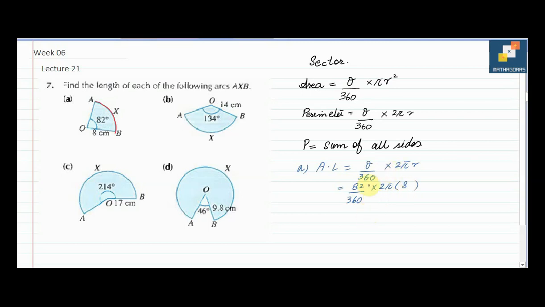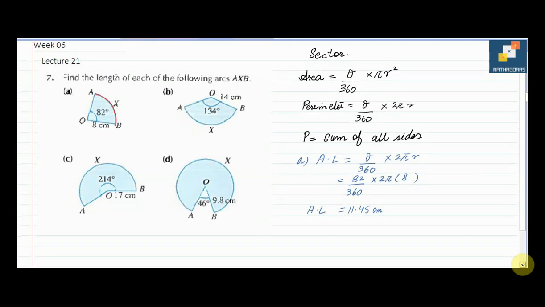We have substituted all the values in that working formula. Now you need to simplify it. So after solving, you will get the value 11.45, and the unit is centimeter. That is the arc length of first part, right?